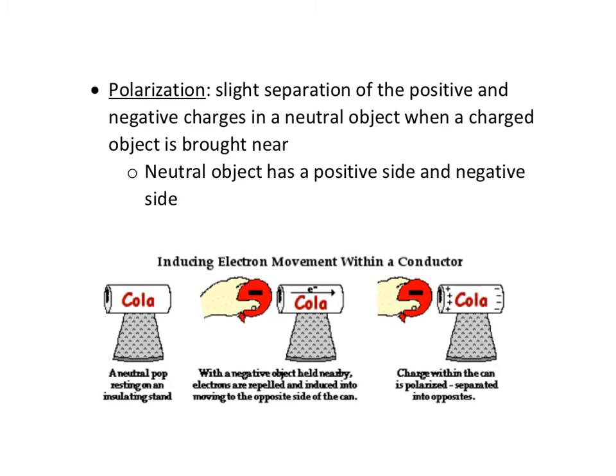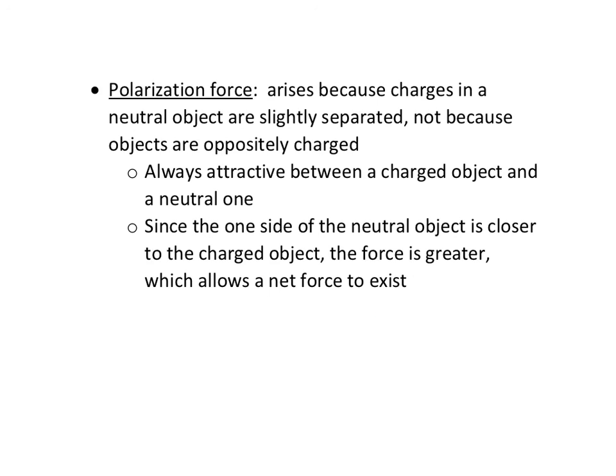Again, neutral because equal amounts of protons and neutrons, but polarized because they're on opposite ends. And because those charges are separated, there is a force between them. So polarization force arises because of that slight separation in a neutral object, not because objects are oppositely charged.